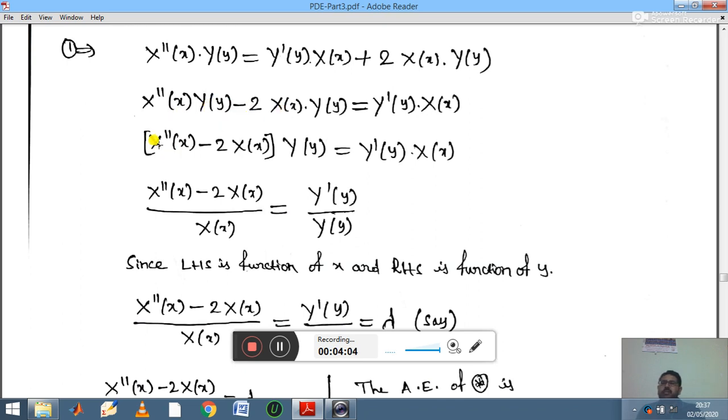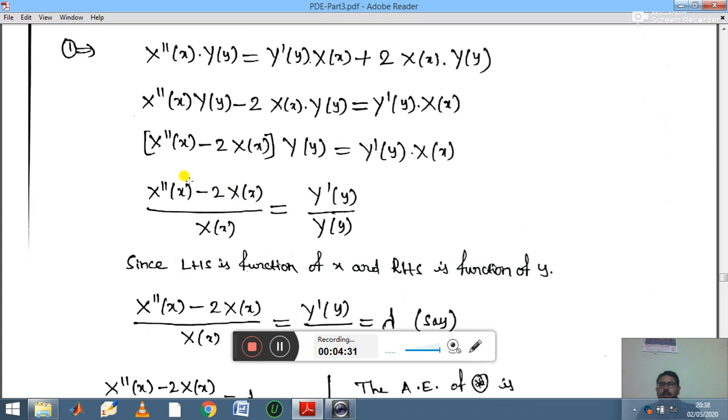Therefore (X''(x) - 2 X(x)) Y(y) = Y'(y) X(x). Now separate the variables: (X''(x) - 2 X(x)) / X(x) goes on the LHS, with X(x) in the denominator, and Y(y) goes to the RHS, so the RHS is Y'(y)/Y(y).